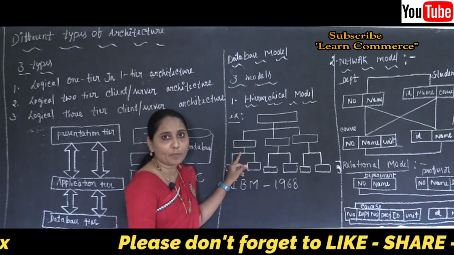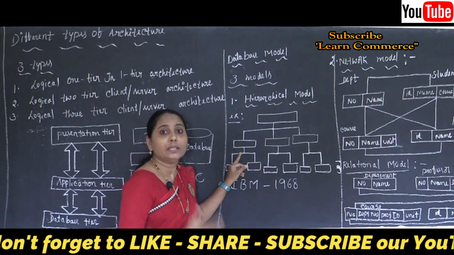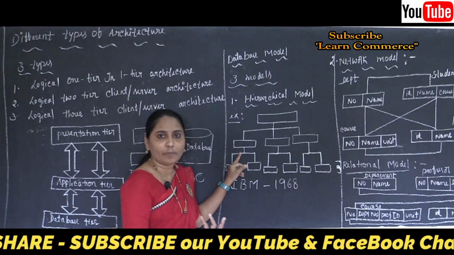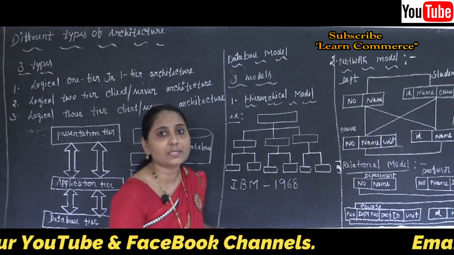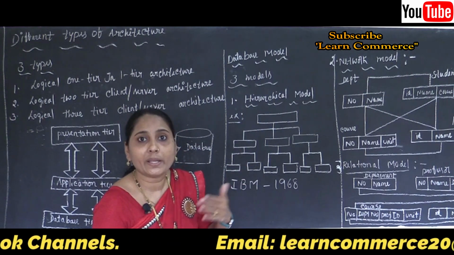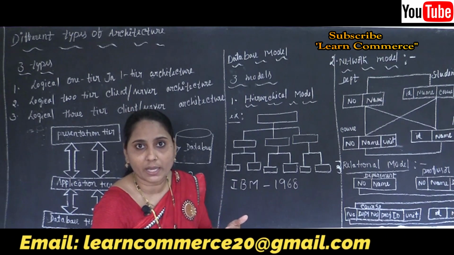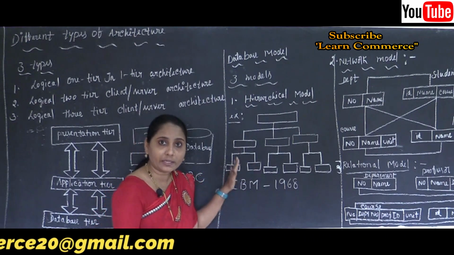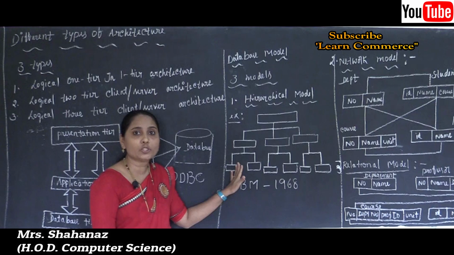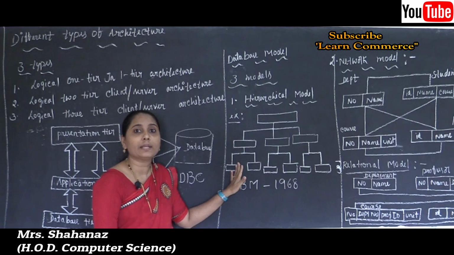In which manner are we going to organize the data of the database? We already know the model means the design of the database. By using which design are we organizing the data? In the hierarchical model, the data is organized in tree-like structures.